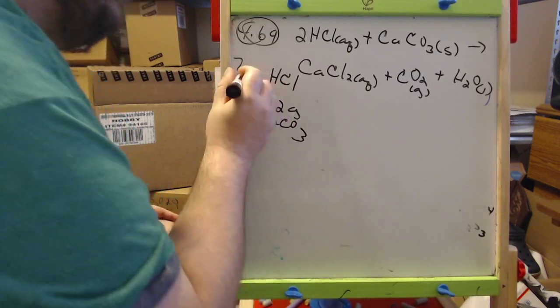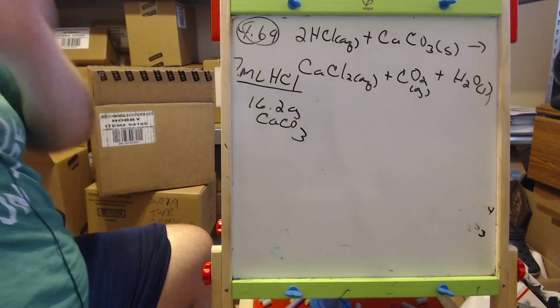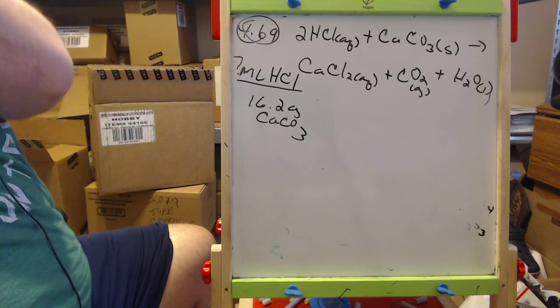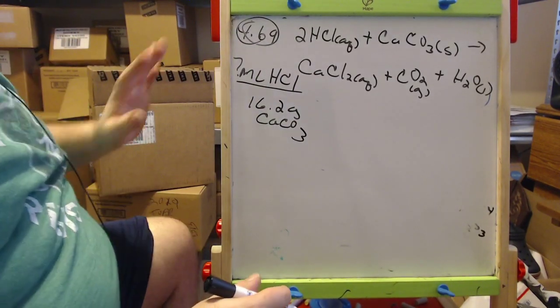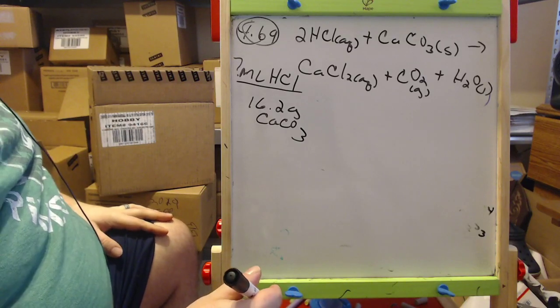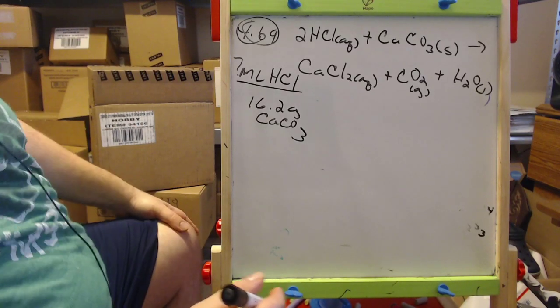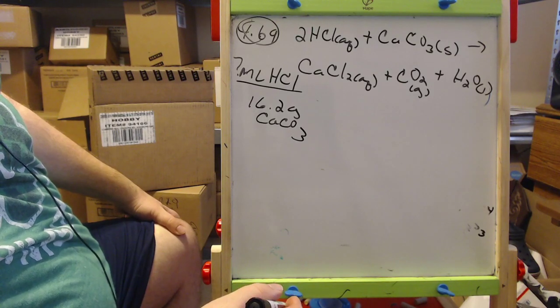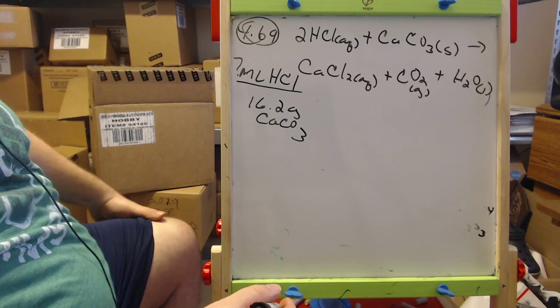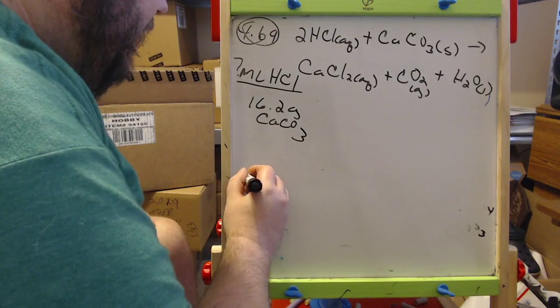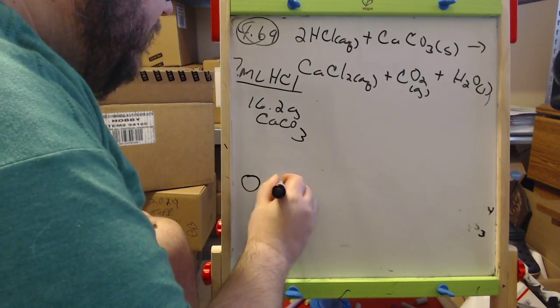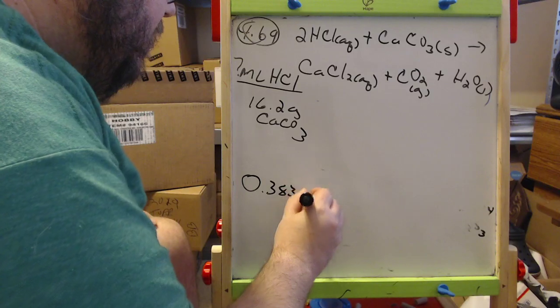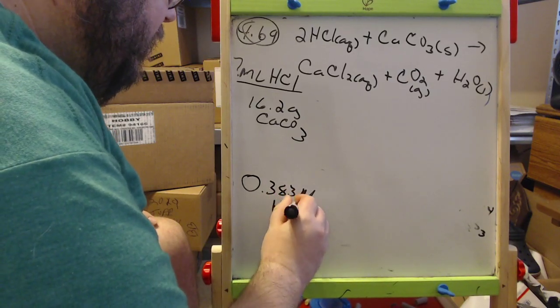Now the question is, they're asking for mils of HCl. Well, the thing that they gave me is they did also give me a molarity of HCl. They said that HCl's molarity is 3.83. So they told me I had 3.83 molar HCl. Okay?